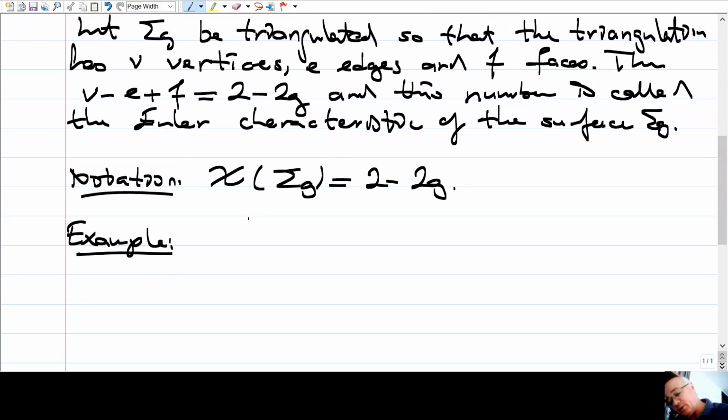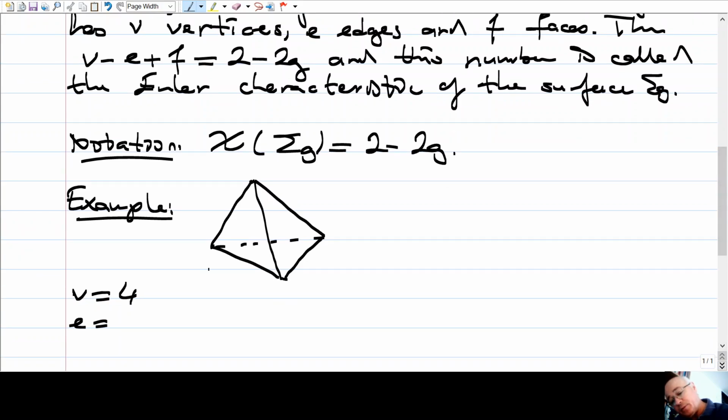Consider, for example, the tetrahedron. This tetrahedron has what? Number of vertices: 1, 2, 3, 4 vertices. Number of edges: 1, 2, 3, and then 3 above, so 6. And it has 4 faces. You see that this is actually homeomorphic to the two sphere, right?